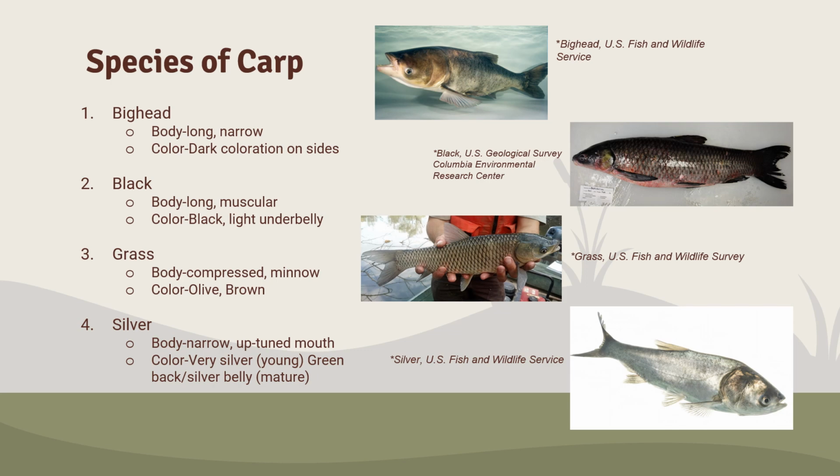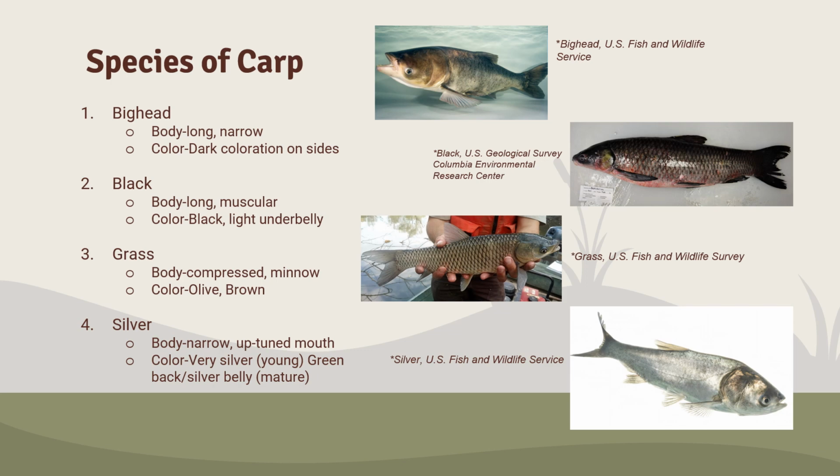The third one is grass. It has a compressed body, so it's a little shorter, and it's a part of the minnow family in a way, so it's kind of like a larger minnow. The color is olive or brown, so it's got that kind of green tinge to it.